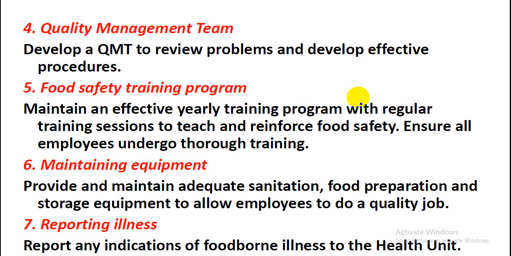The sixth point is maintaining equipment. Each piece of equipment in the factory is considered our treasure, so we have to provide maintenance. Adequate sanitation: equipment should be sanitized in the proper way, and we have to ensure that the food preparation, food storage, and equipment used are doing a proper job, and also maintain the functionality of each piece.